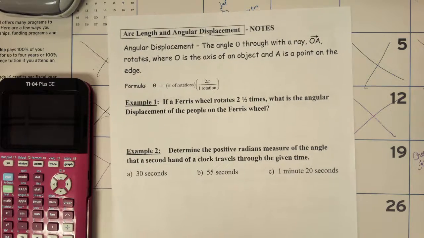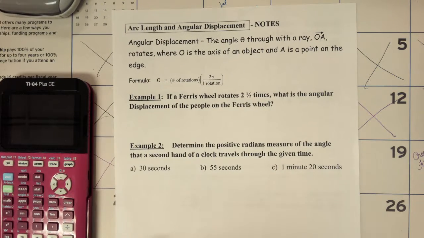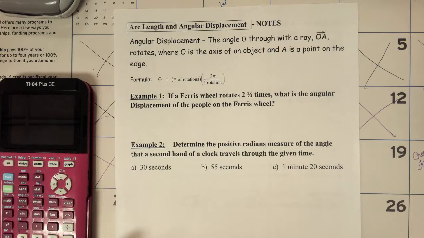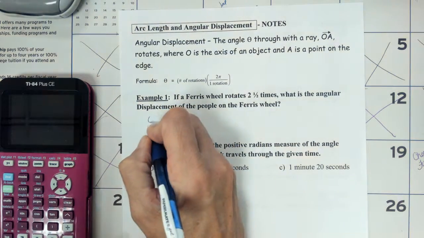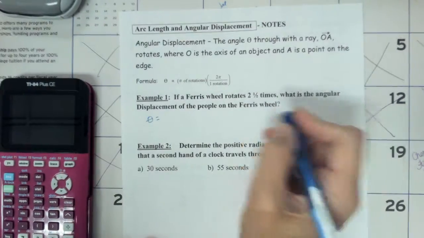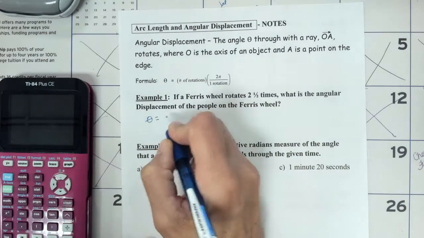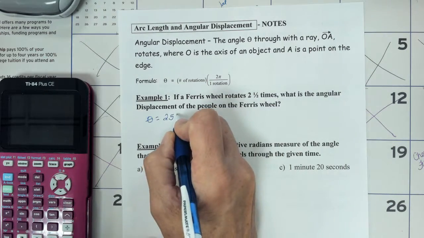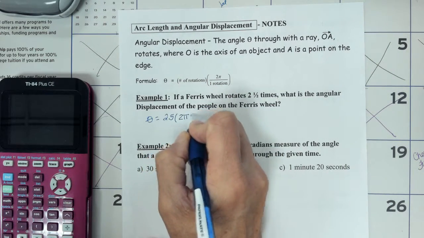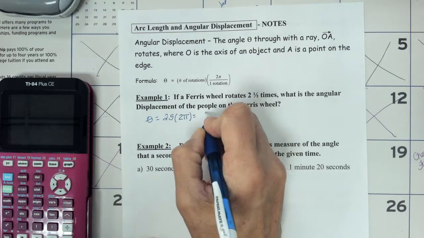Our first example says, if a Ferris wheel rotates 2.5 times, what is the angular displacement of the people in the Ferris wheel? So theta is going to equal number of rotations. Well, number of rotations is 2.5, so 2.5 times 2 pi, and that will be 5 pi.